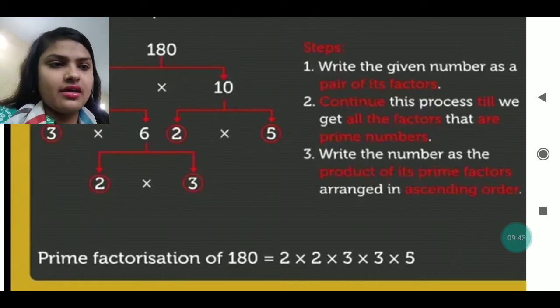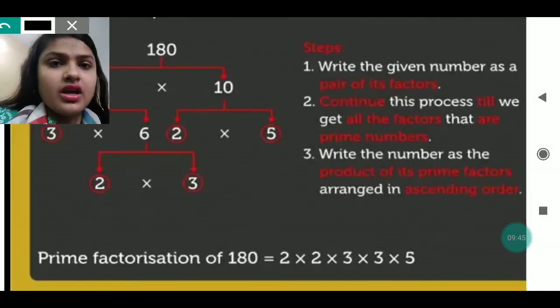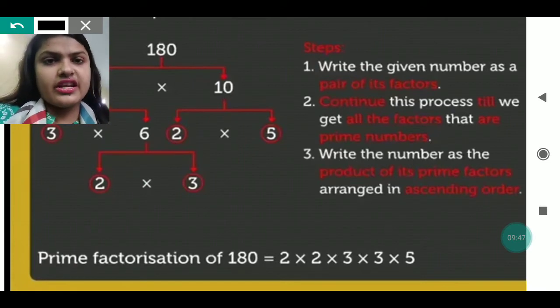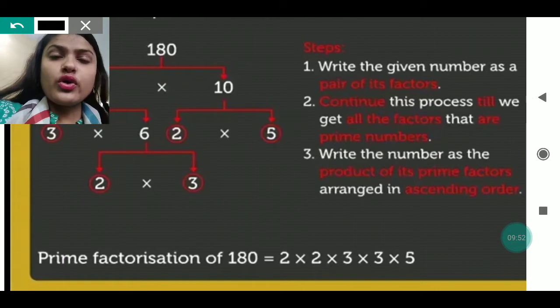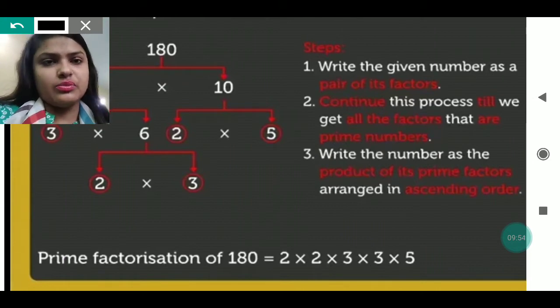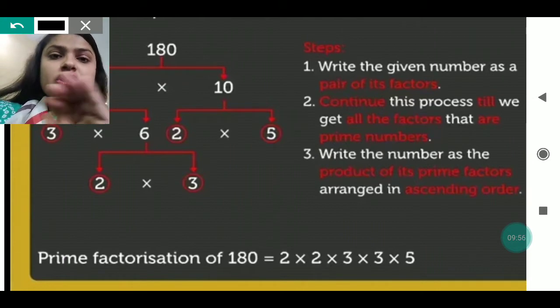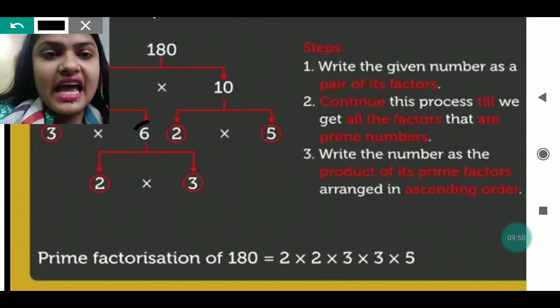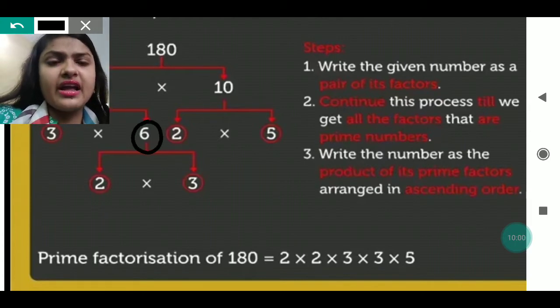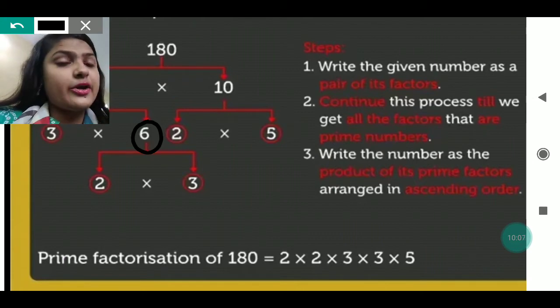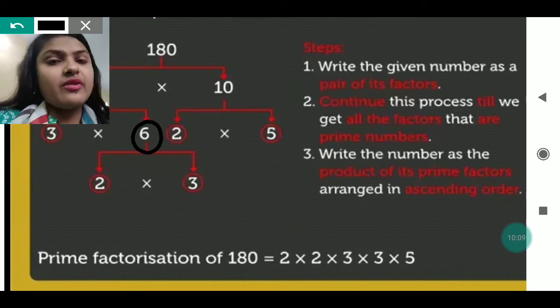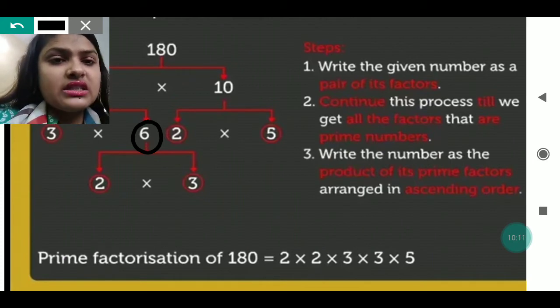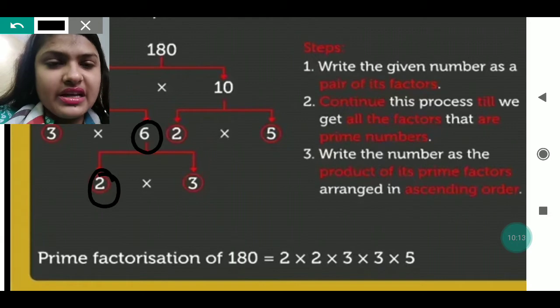Because 3, see my dear, we cannot make any pair of 3. 3 into 1 will be 3, and 1 we will not take. 2 into 1 is also 2, and likewise for 5. So these numbers cannot be broken, and are written as they are. But 6 can be broken. 6 divided by 2 will be 3, and 6 divided by 3 will be 2. So 6 can be broken and we will get 2 and 3.